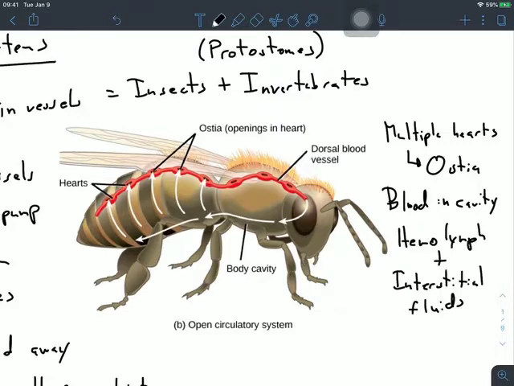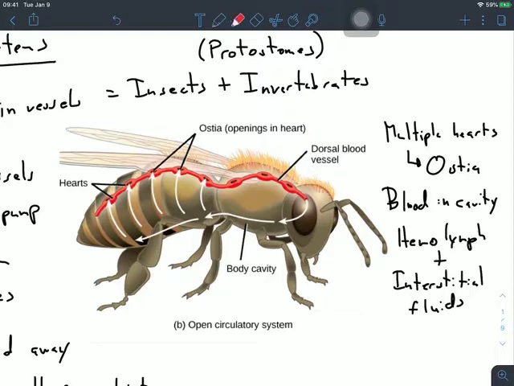Now, because of this, insects cannot maintain as large of a size because of the amount of oxygen that they're getting to different tissues, and they in general have more devoted or less diverse functions of their circulatory system.